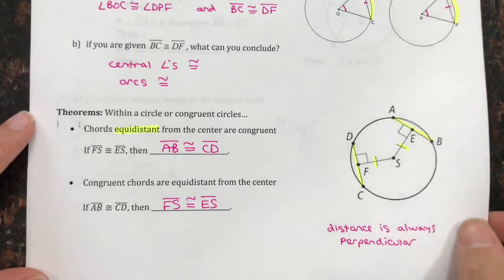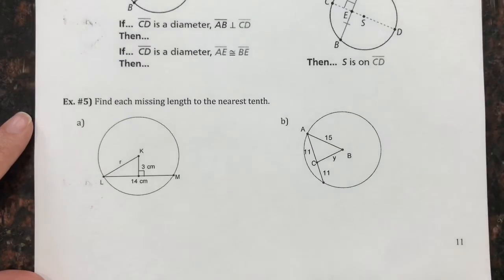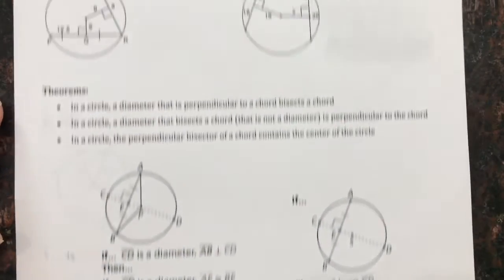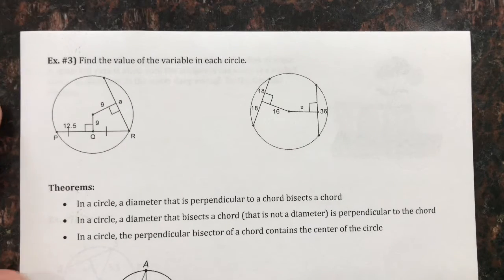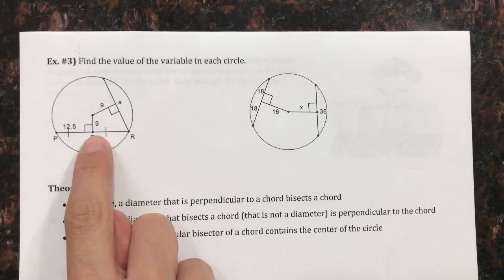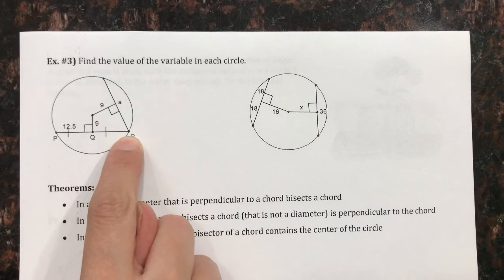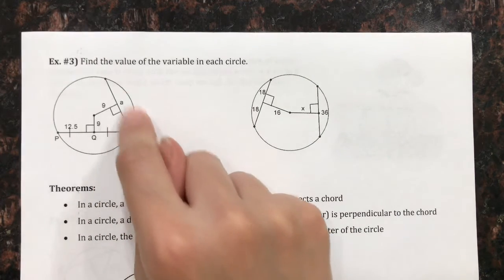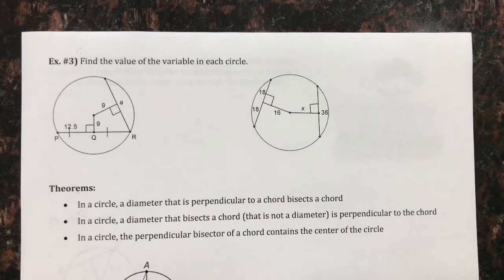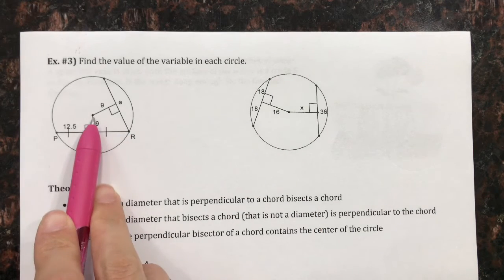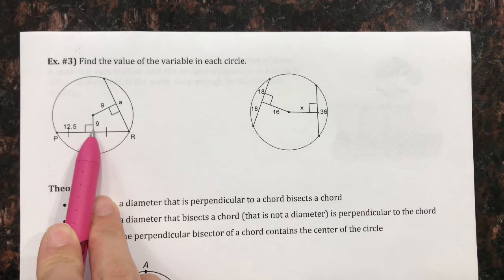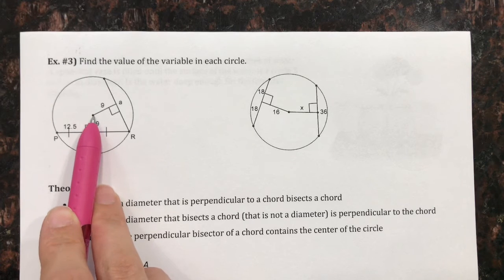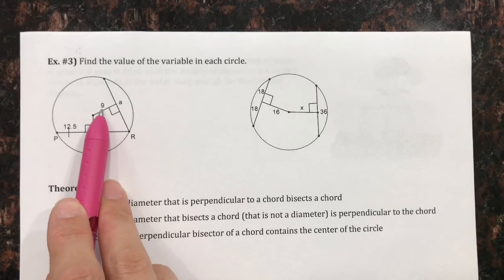All right, let's flip to the next page. And we'll do the first problem together. So you'll notice in this diagram that I have a chord down here and a chord up top. Now, the distance from the center to the chord is 9, and the distance from the center to this chord is also 9.